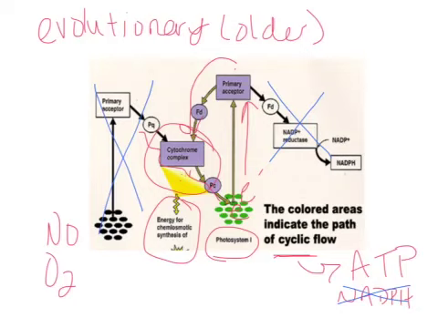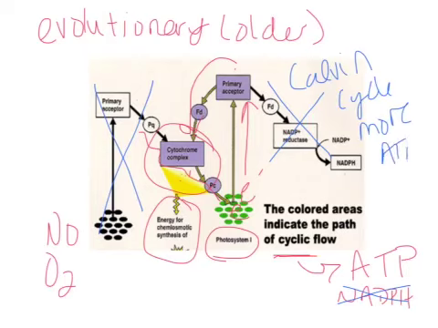This is going to be useful because the Calvin cycle requires more ATP than it does NADPH. If we have both cyclic and non-cyclic electron flow, the Calvin cycle gets the extra ATP it needs and doesn't have excess NADPH.